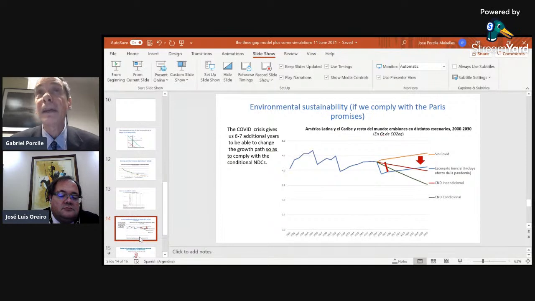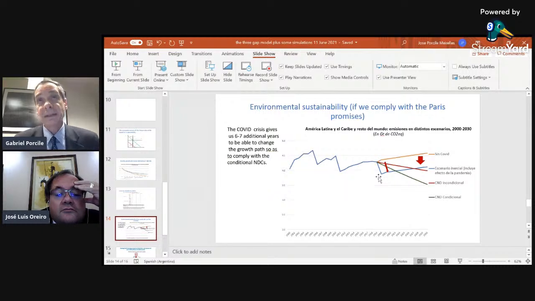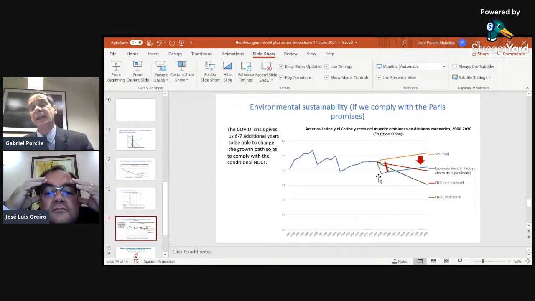And finally, we estimated the trajectory of emissions of CO2 under inertial conditions in terms of technical change. If there is no technical change, and this is what you can see in the graph, emissions fell radically in 2020, of course, because there was a very strong contraction in GDP, which implied less emissions.